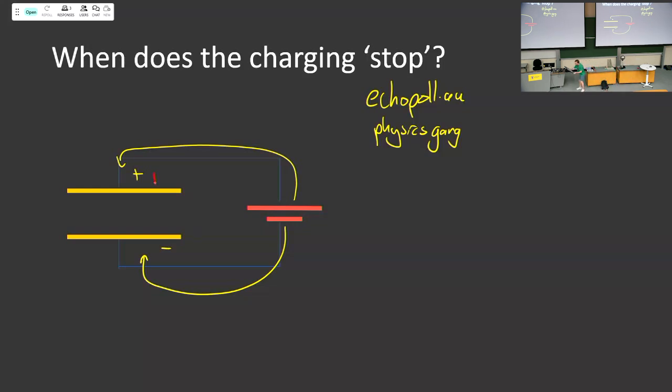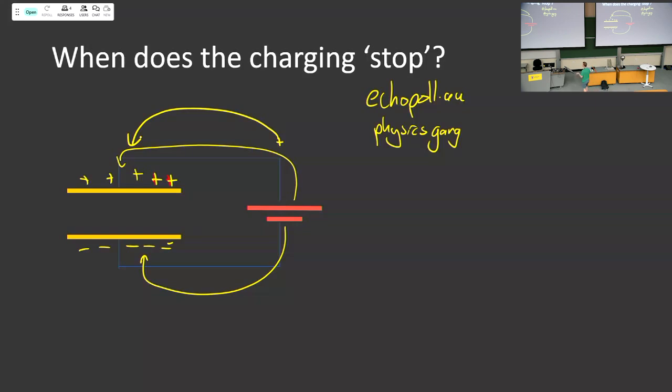Because as we get more and more charges on this positive end and on this negative end, it becomes harder and harder to take another positive charge and push it there because you're fighting the repulsion. The positive plate is repelling positive charges, and it will stop receiving positive charges when it pushes back exactly as hard as the battery is pushing forward.